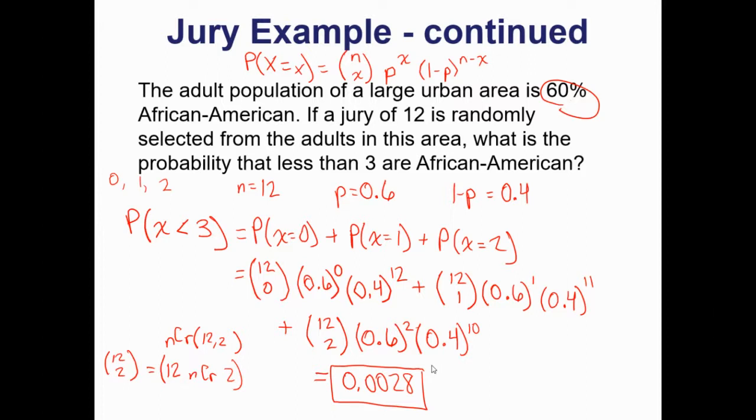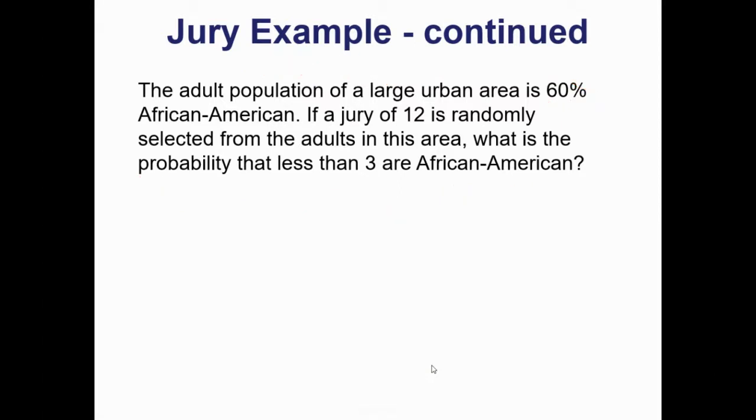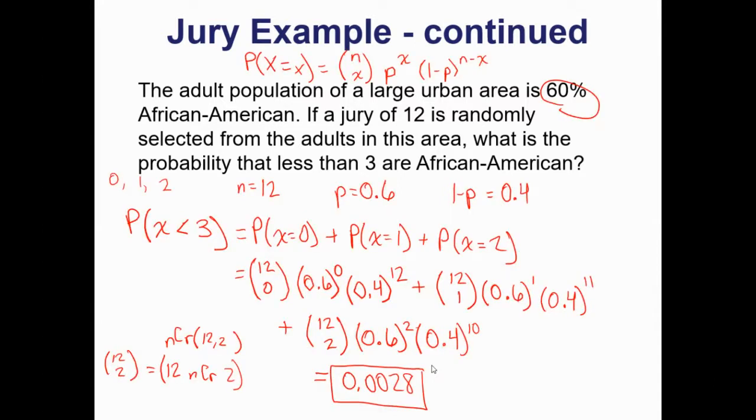Okay, let's look at the solicitation example. What is this for again? Binomial? Binomial, yes.